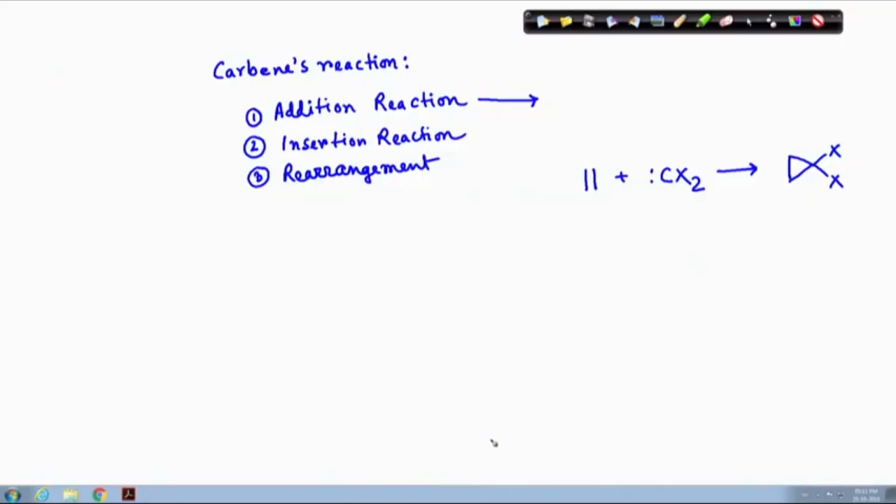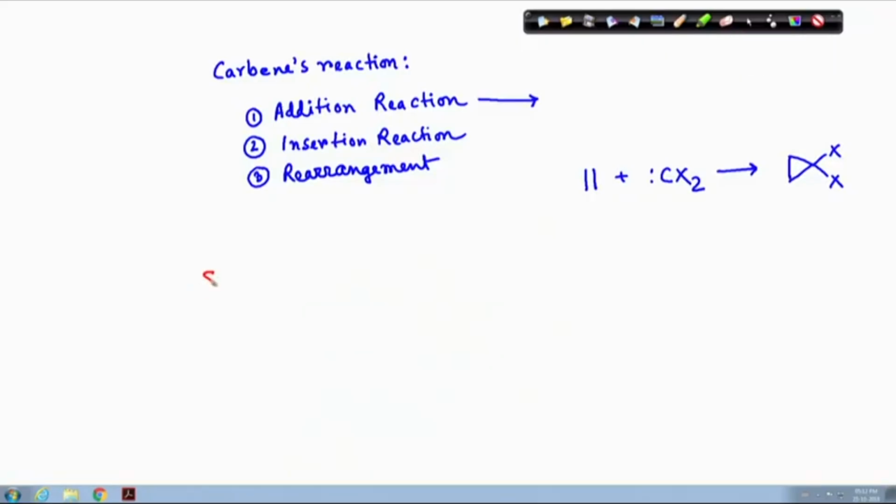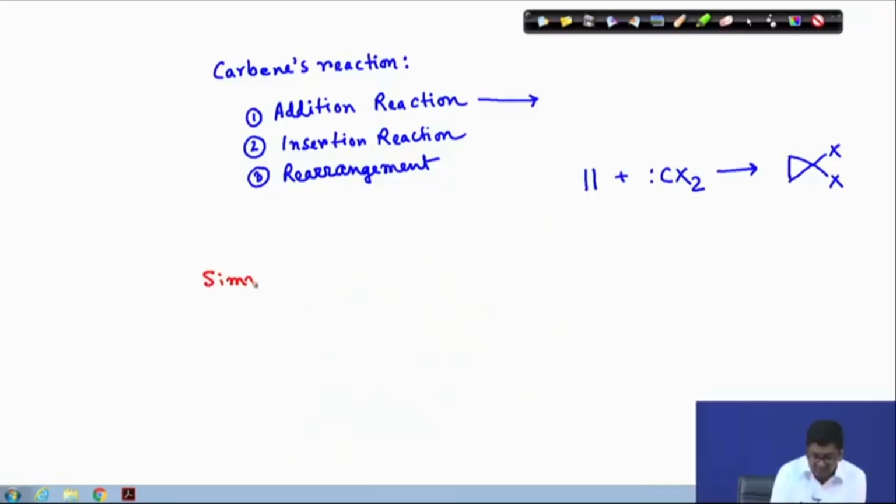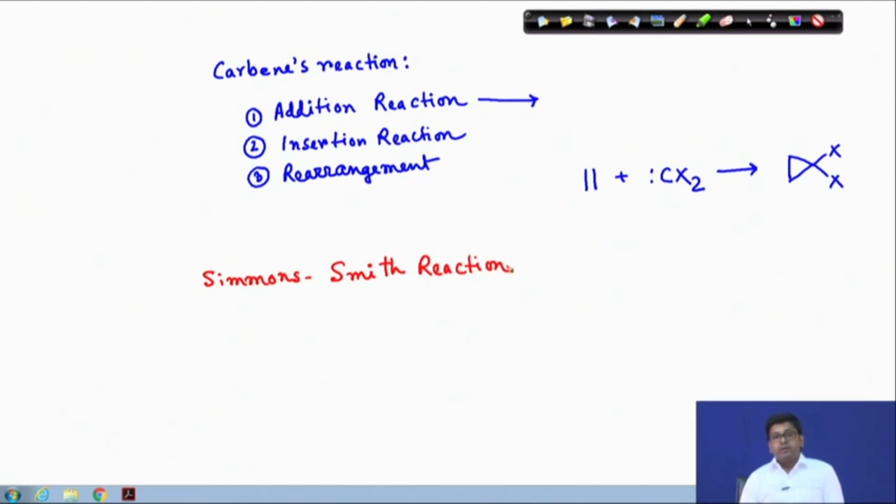Okay. So, now during the addition reactions we will learn another very important reaction in this topic for cyclopropane synthesis, that is called the Simmons-Smith reaction.